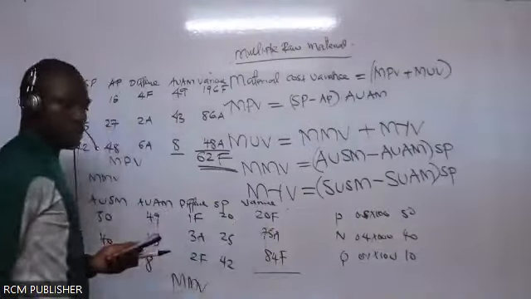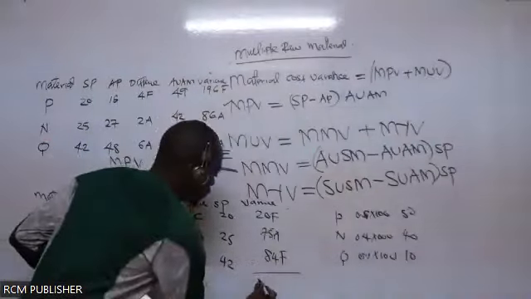If I add to 20, it should be 29 favorable. 29.